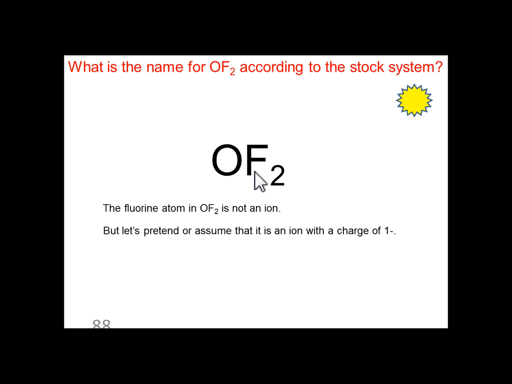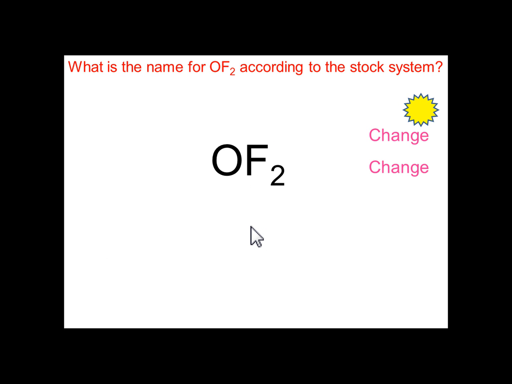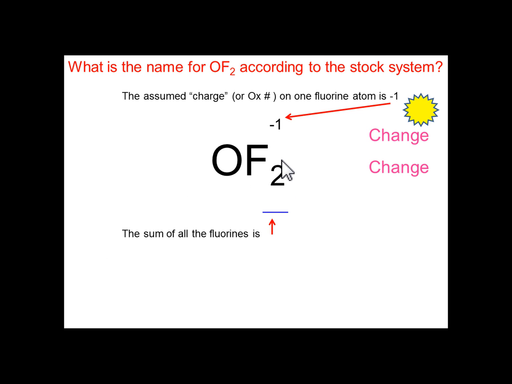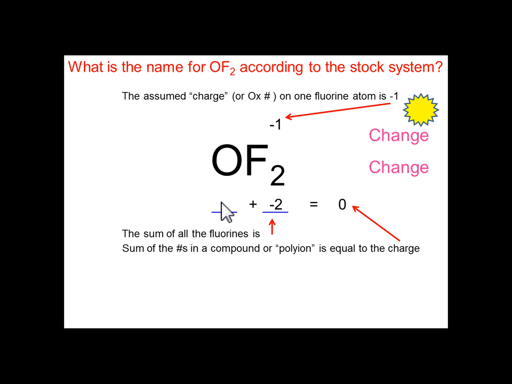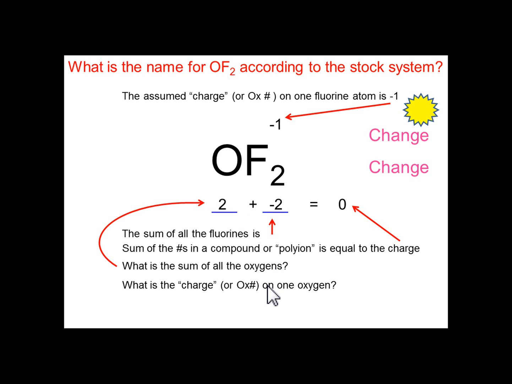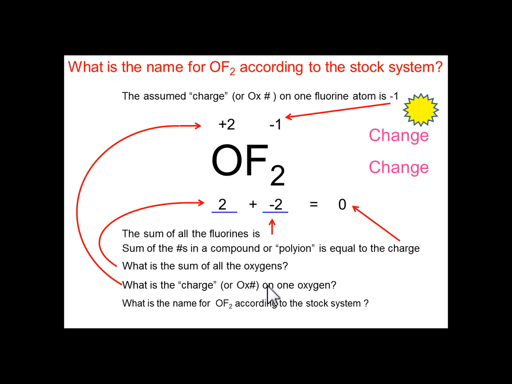You know fluorine is always -1, and there are 2 of them in this compound. So the total of the negative oxidation states here is -2. The oxygen, therefore, has to be +2 for this to equal 0. That's the other exception for oxygen. So the name for this compound is oxygen(II) fluoride.